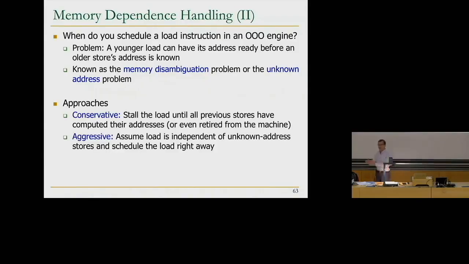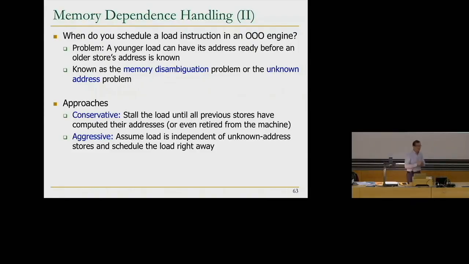The aggressive approach takes exactly the opposite. It basically says, I'm a load, I know my address, I'm going to assume that I'm independent of any previous stores. I'm going to schedule this load right away. Okay? That's aggressive. Basically, the prediction is that hopefully this load is not going to depend on any of the stores. Of course, if you do this, you need to check later on.